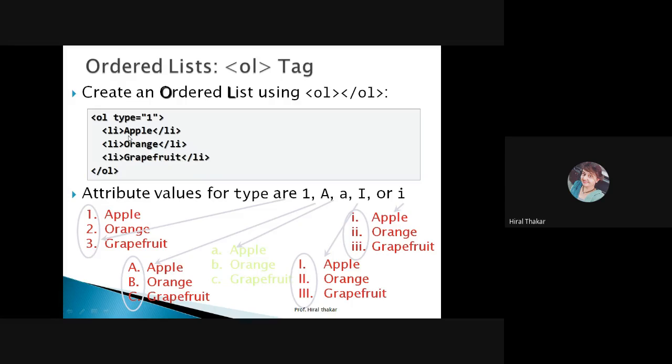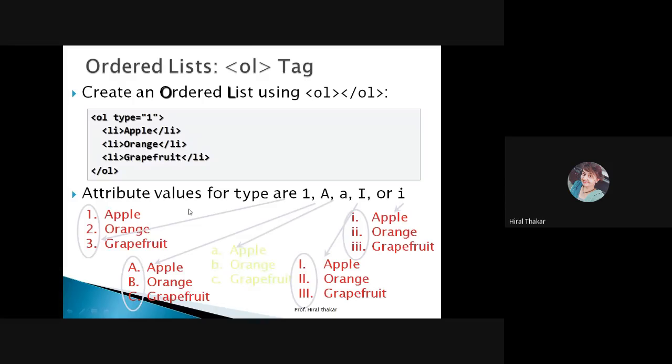If I write alphabets over here, type equals A, then it would be A, B, C, like this. So you can decide whatever order you want. You can use numeric values 1, 2, 3, 4. You can use alphabets, capital or small, and you can use Roman numerals as well, right?